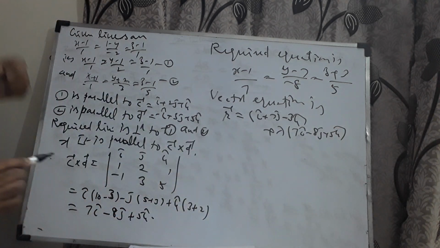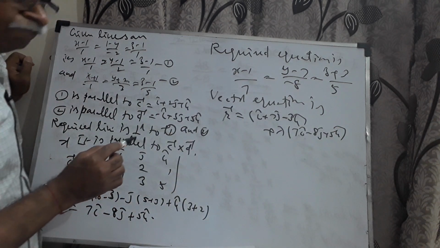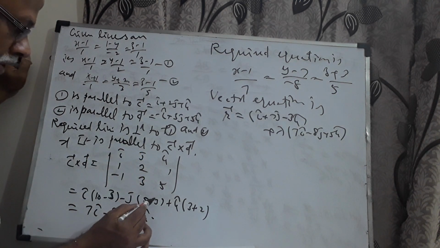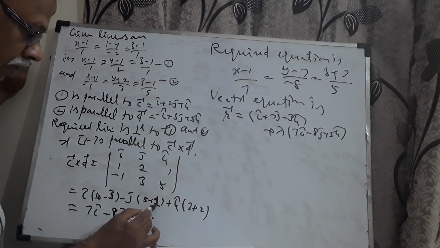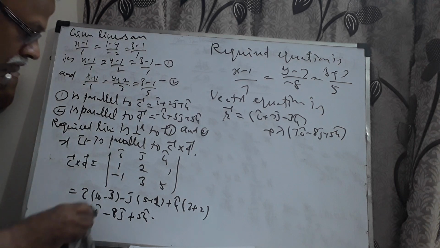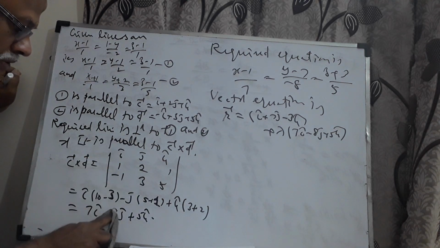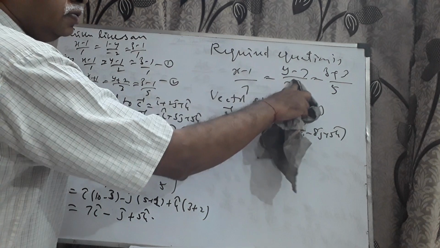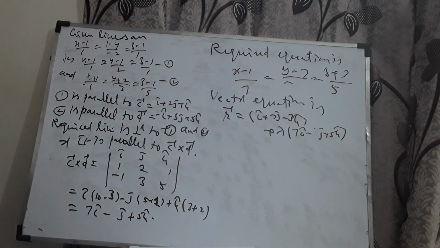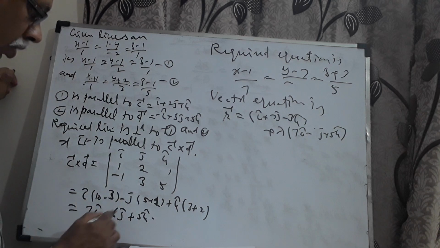This is what I am supposed to write down, where, sorry, there is an error. 5 plus 1 here, this is 6. This is again 6. I'll make the correction. This will be 7i minus 6j plus 5k.